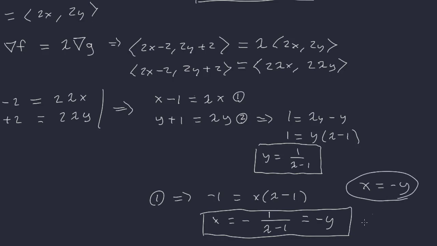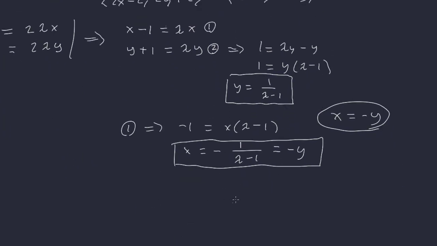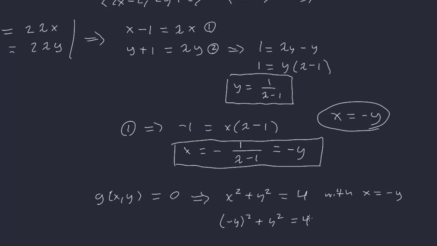Now you might be thinking, well, hang on, how does this actually help us? Well, it helps us because now if we go back to g, g of xy equals 0, this gives us x squared plus y squared is equal to 4, and with x equals negative y, we put that in as negative y squared plus y squared equals 4.